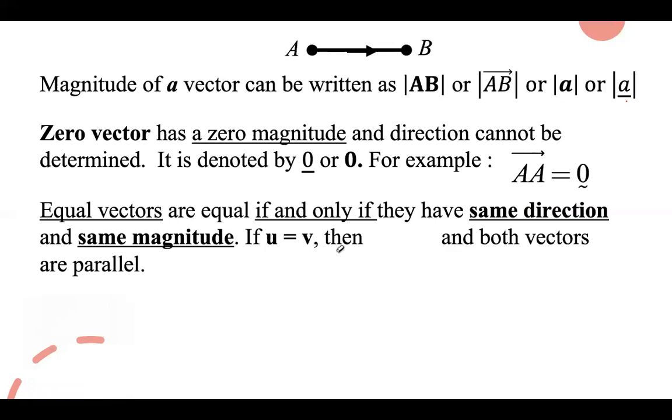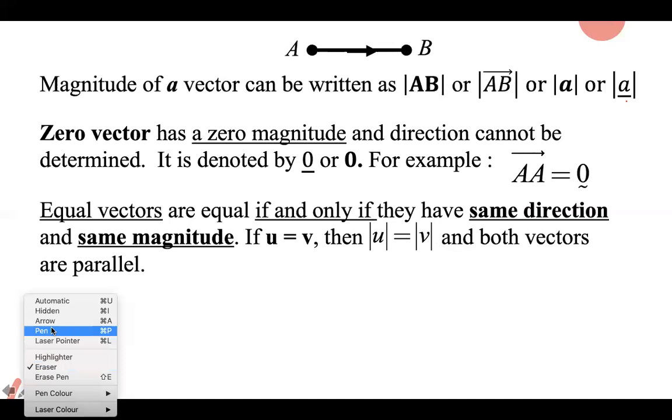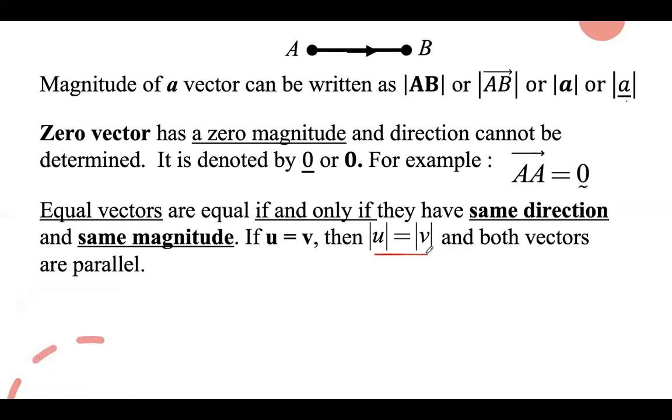If u equals v, then the modulus of u equals the modulus of v, meaning the magnitudes of u and v are the same, and both vectors are parallel in the same direction. That is called equal vectors.